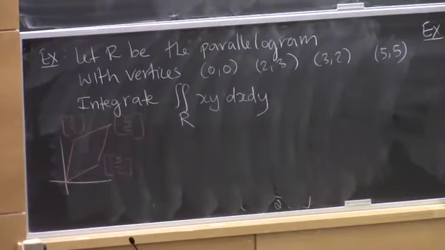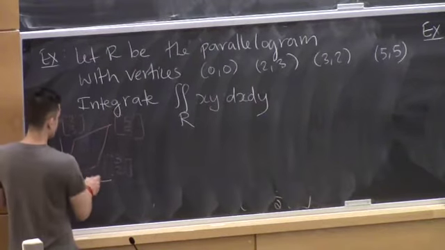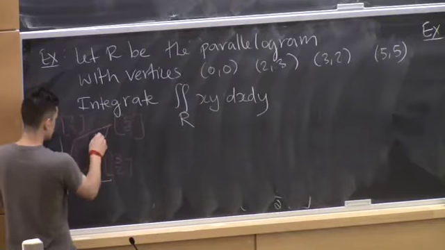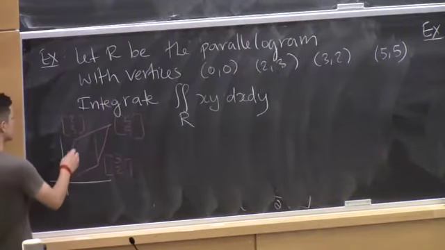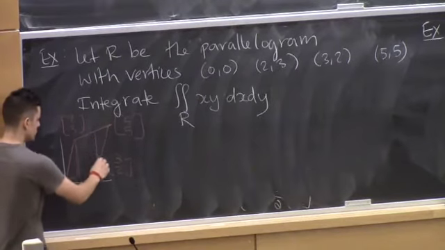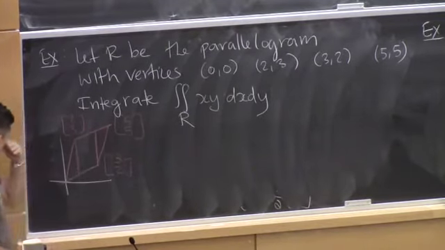Okay, and setting up an integral over this region would be pretty technical, right? We would need to make a couple splits in the region, and then the bounds would always be changing. So setting up an integral over this region itself would be quite difficult.